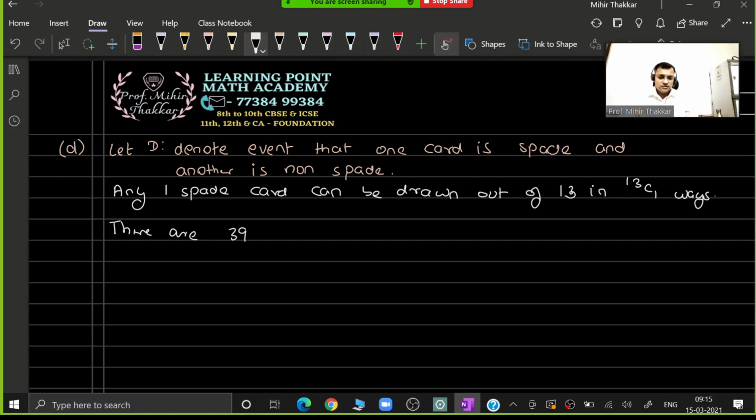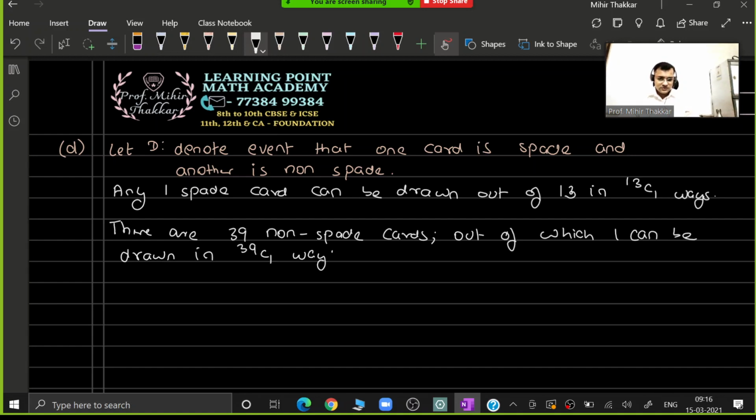There are 39 non-spade cards, out of which one card can be drawn or selected in 39C1 ways. So now see guys, I am selecting one card is a spade in 13C1 ways.